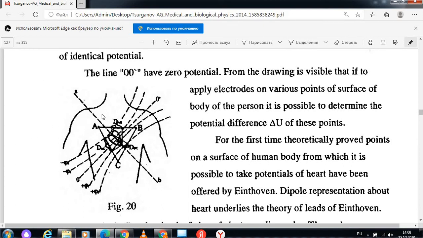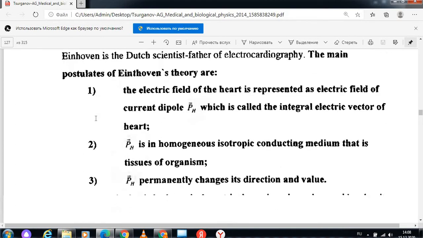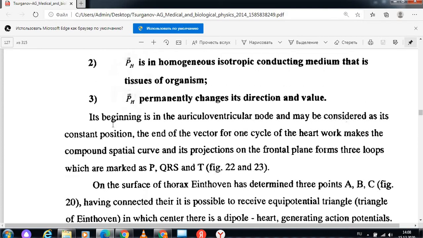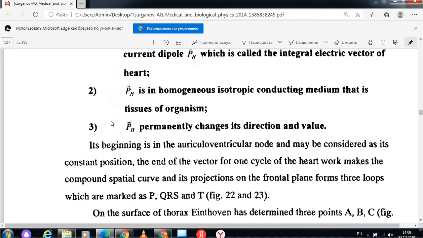Again, we are going to talk more about this surface of the thorax of Einthoven. We have determined the 3 points A, B, C. By connecting them, it is possible to receive an equipotential triangle, the triangle of Einthoven, in whose center there is the dipole heart generating action potentials.